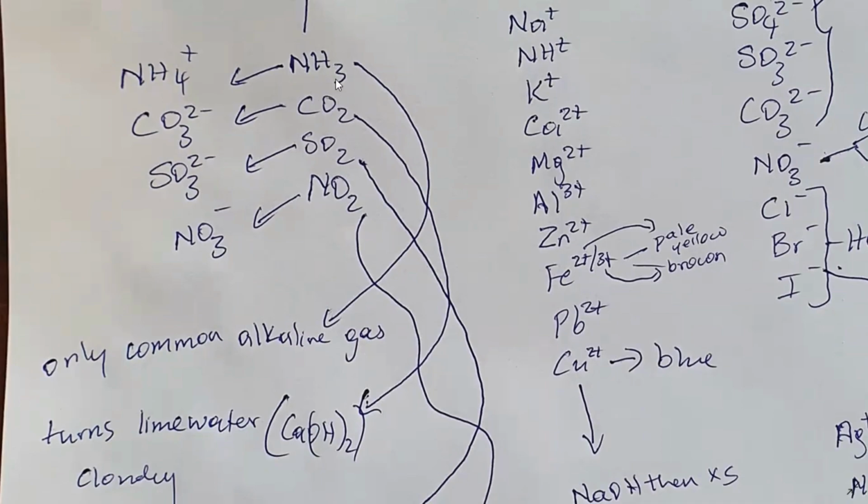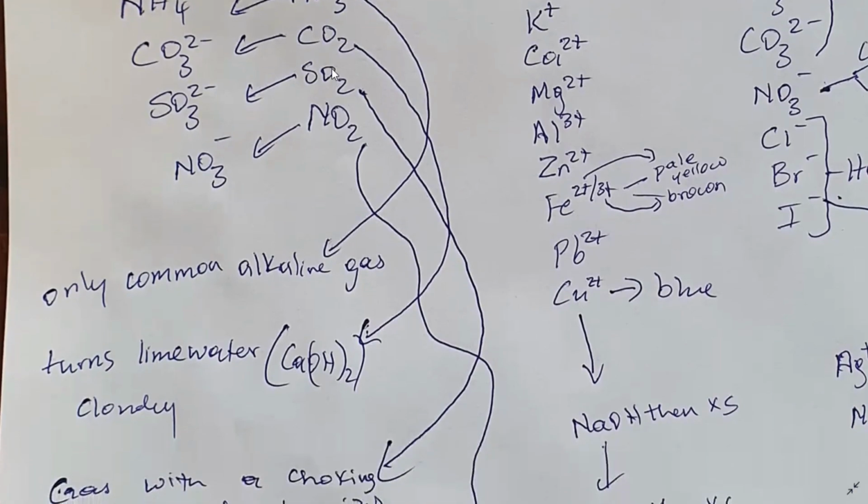How do you know you have carbon dioxide? It's a colorless, odorless gas. However, it turns lime water, which is calcium hydroxide, cloudy. Also, carbon dioxide will extinguish a glowing splint. That's why they use carbon dioxide in fire extinguishers, because it extinguishes fires. Makes sense, right?